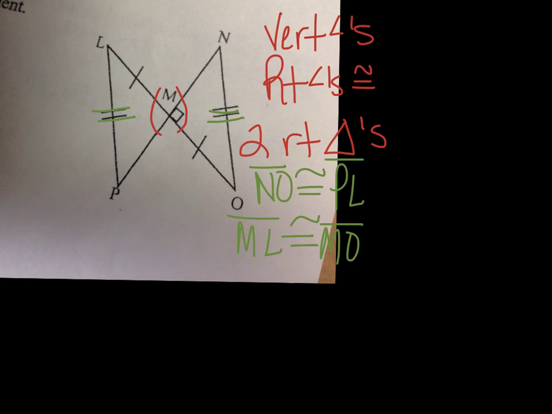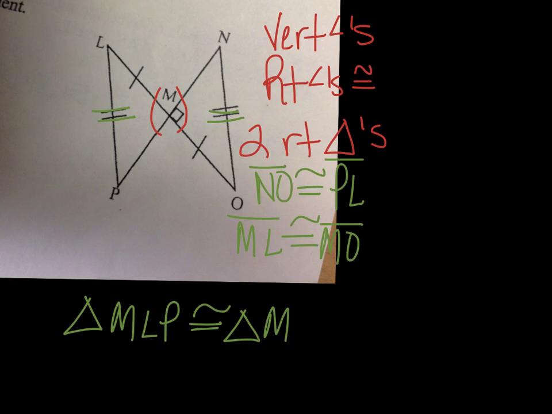So because both of the triangles are right triangles, the hypotenuses are congruent and the legs are congruent, I can say that triangle MLP is congruent to triangle MON by the hypotenuse leg theorem.